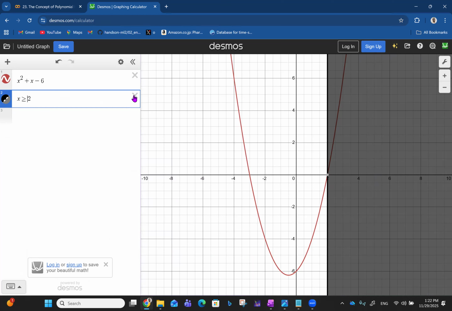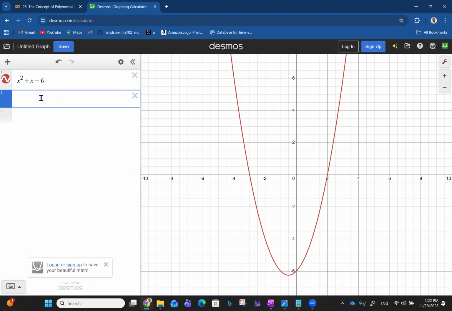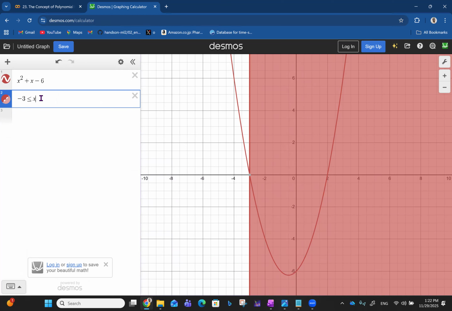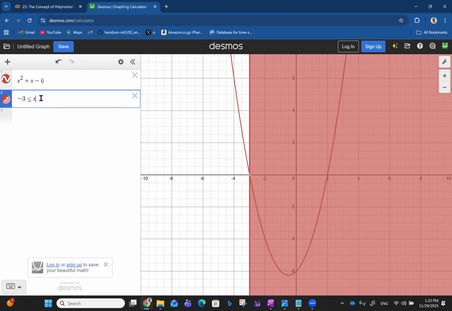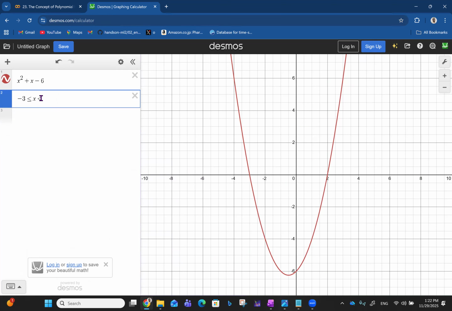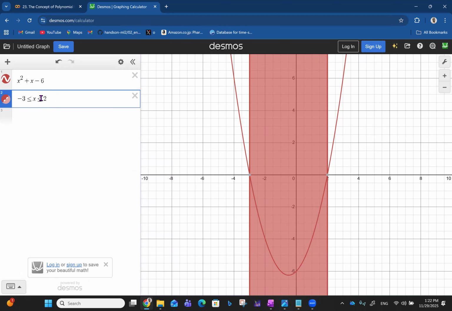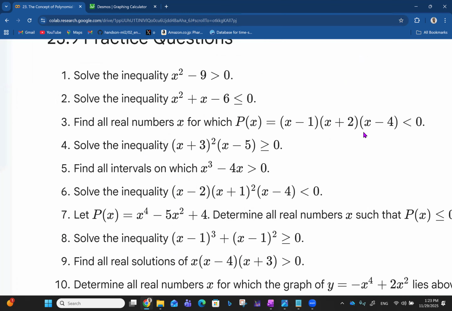Lastly, we can also have less than or equal to 0, which means -3 less than or equal to X less than or equal to 2, like this. So that portion.